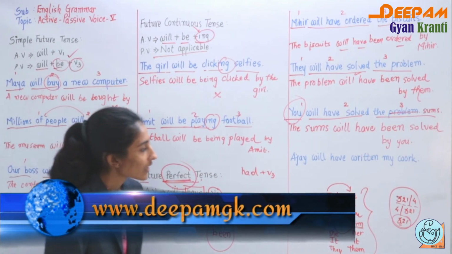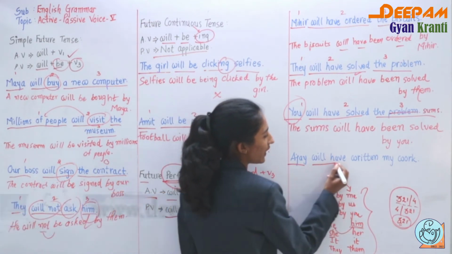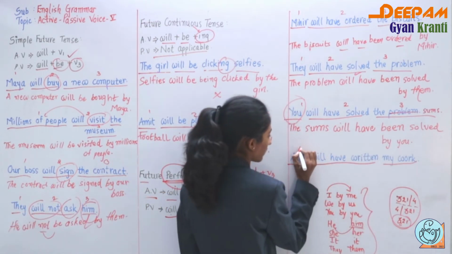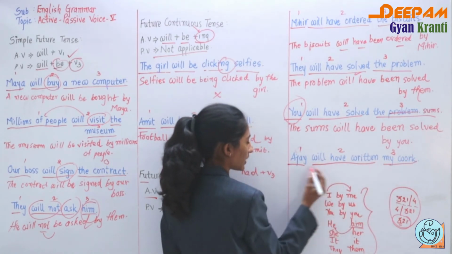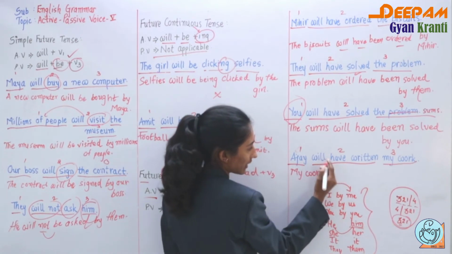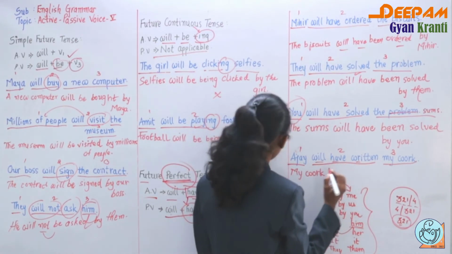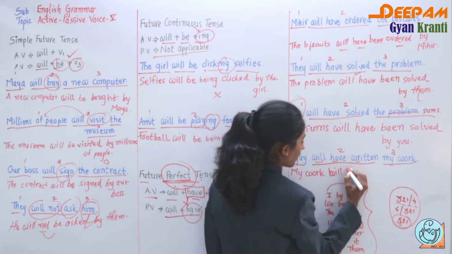Right, next one, Ajay will have written my work. See, subject Ajay, will have written and my work, means we can say 1, 2 and 3. So 3 number, that is the object. So my work. Then see second number, will have written. So you can say it is a future perfect tense. So will have.